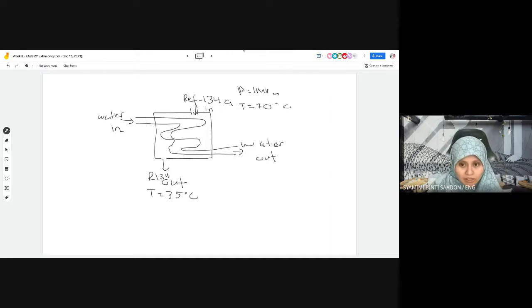Then the water. The cooling water enters at 300 kilopascal, 15 degrees Celsius. So 300 kilopascal here.